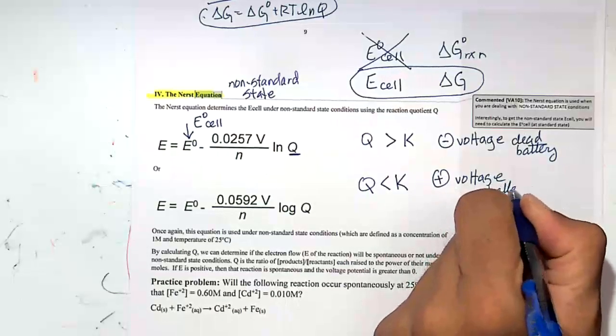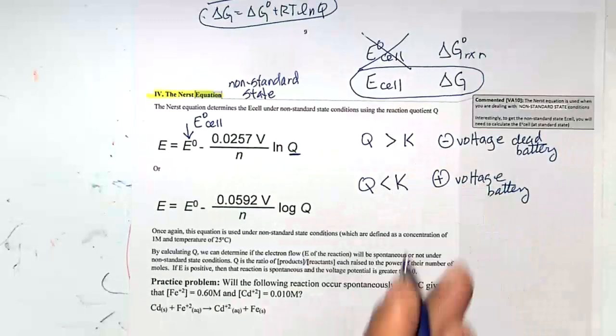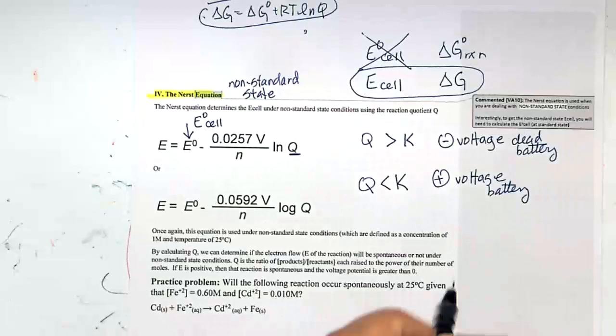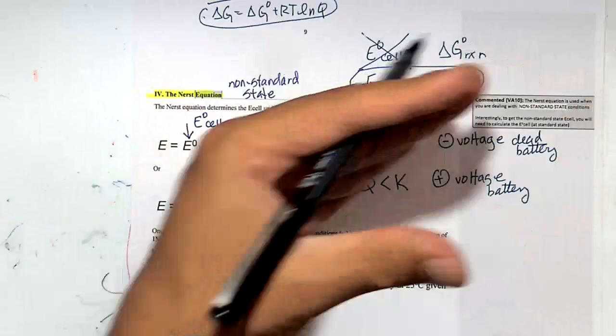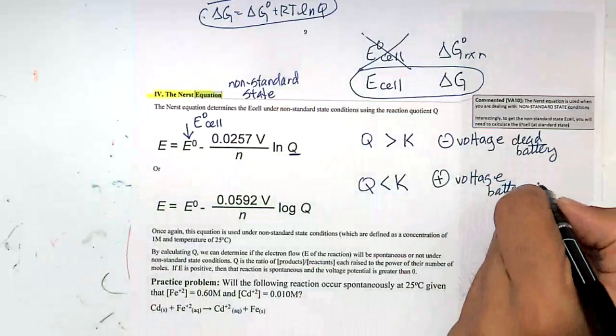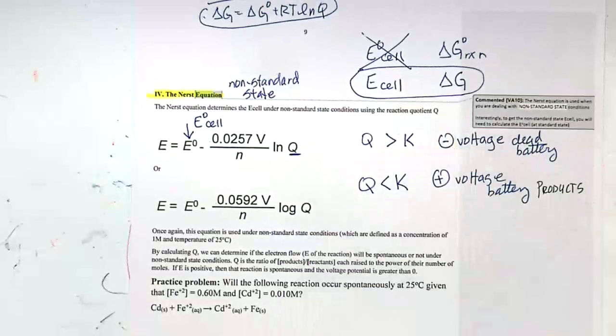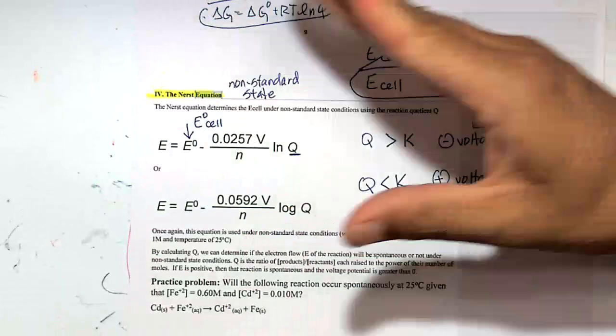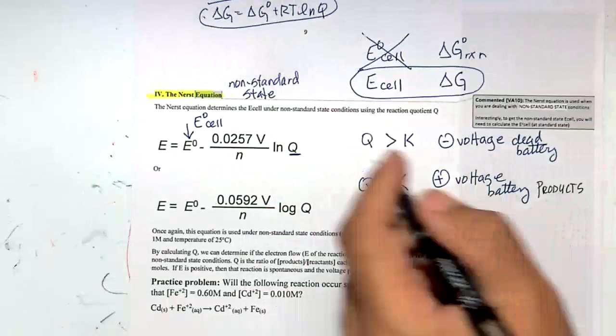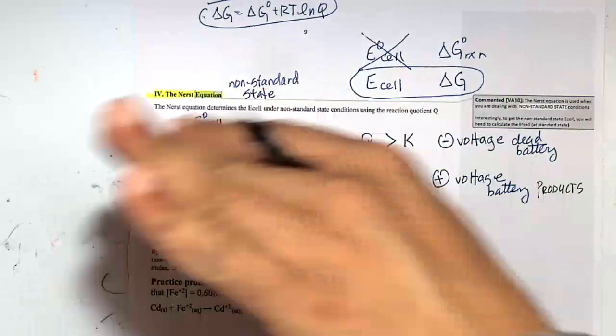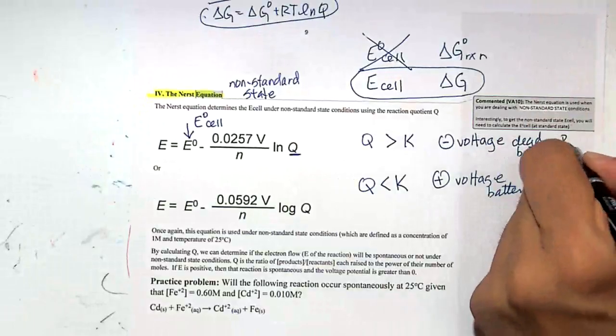This is a battery with a positive voltage. Look where the alligator jaws are pointing. If Q favors the reactant side, it's a negative voltage, because it's not favoring the products.